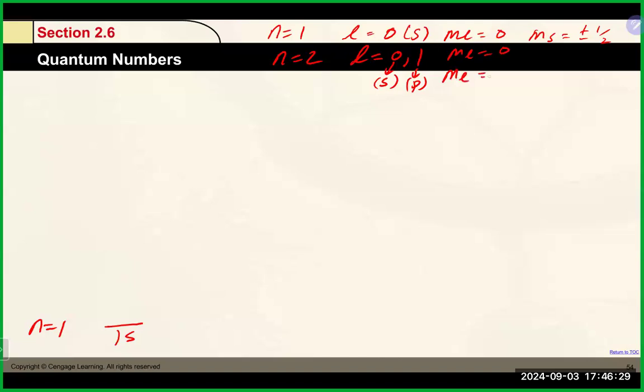We could also have an m sub L of -1, 0, and +1, and that would be for our p subshell, and plus or minus a half. What that tells us is that as we go to the second energy level, we will have a 2s orbital, and that is where we first start to see our p subshell take place.